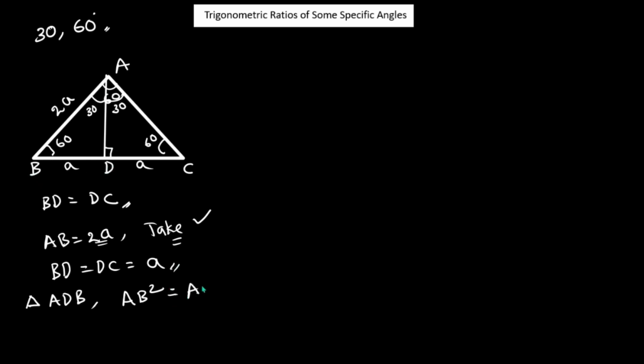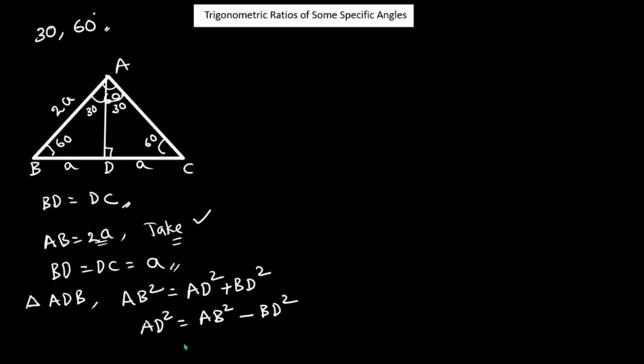We need to find the AD distance, so AD square is equal to AB square minus BD square. I just sent BD square to the other side.